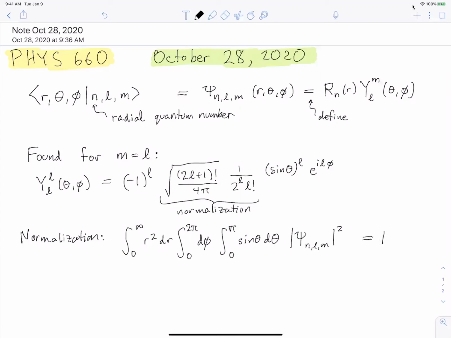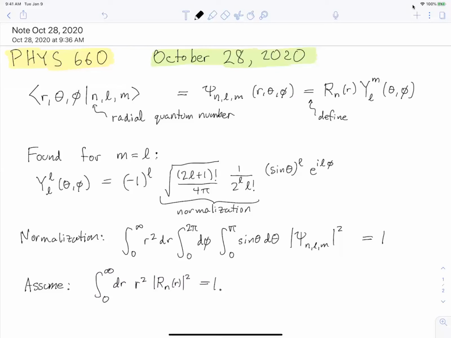Okay, and in doing this, in order to define this normalization, we're assuming that for the radial part, it's normalized in the following way, that if we integrate over all r of r squared times the magnitude of Rn squared, that's supposed to equal 1.